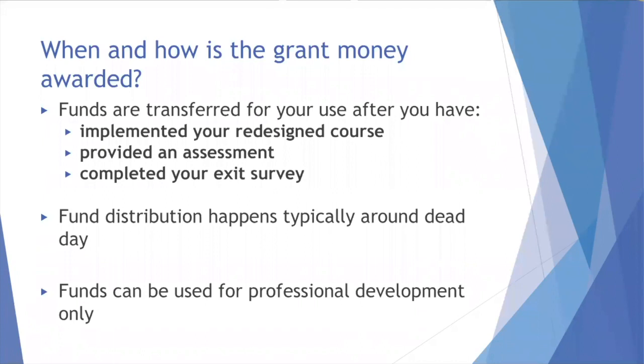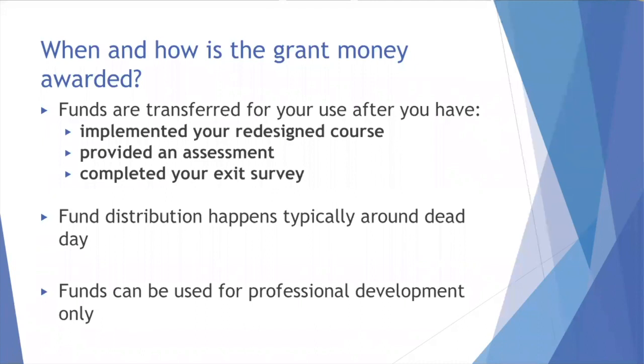So when and how is the grant money awarded? We are asked this all the time, so we just wanted to make sure that it was clear. Funds are transferred for your use after you have implemented your redesigned course, provided an assessment, and completed your exit survey.